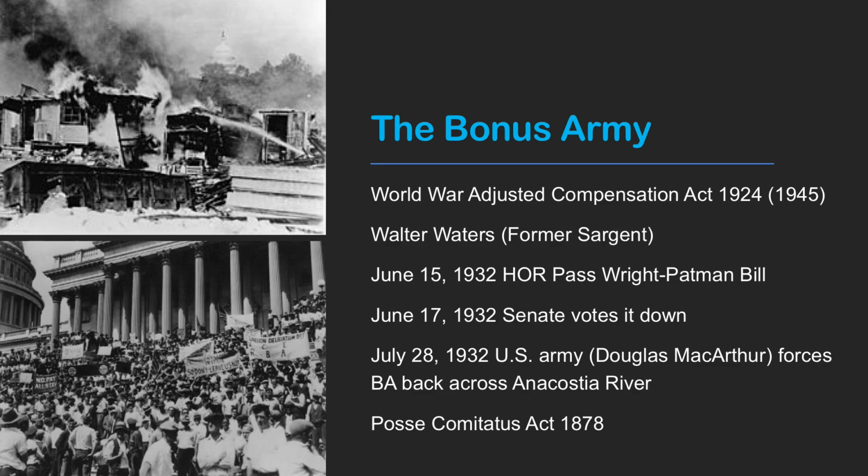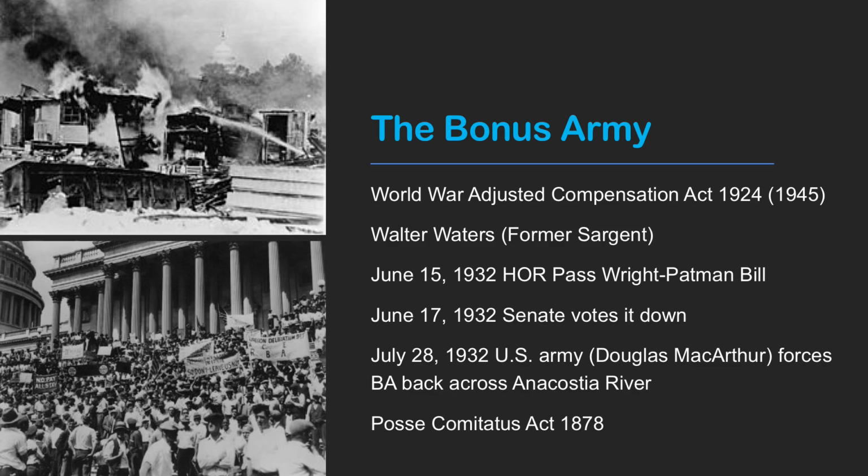The last time veterans got pensions from a war was the Civil War. In the Spanish-American War, there were no pensions. That war lasted 4 months, so they did not really give pensions for those veterans.